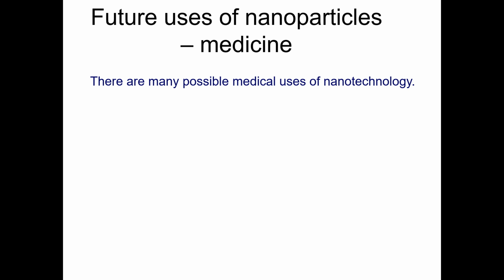So when we are talking about the future use of nanomaterials or nanoparticles in medicine, there are many possible medical uses of nanotechnology. When we're discussing future uses of nanotechnology or nanomaterials in the field of medicine, it's obvious to all people that nanotechnology has many possible applications for medicine.